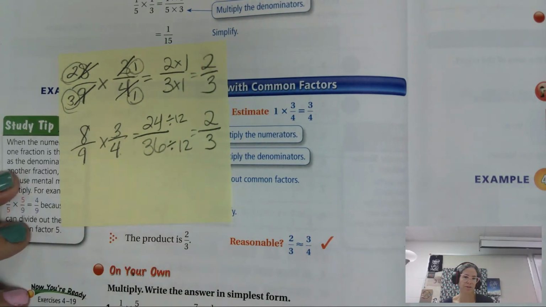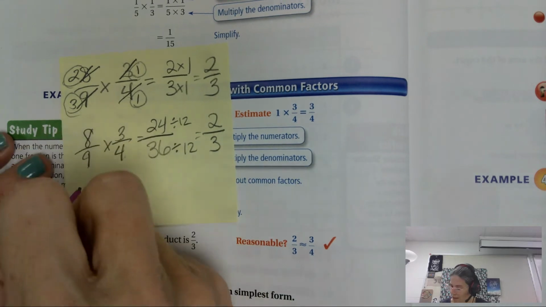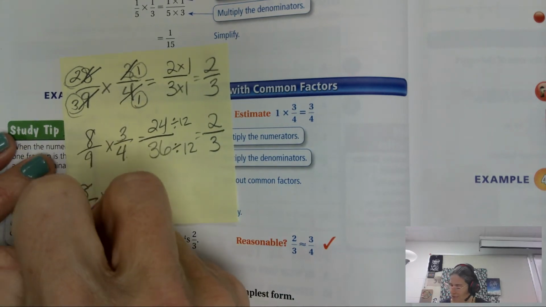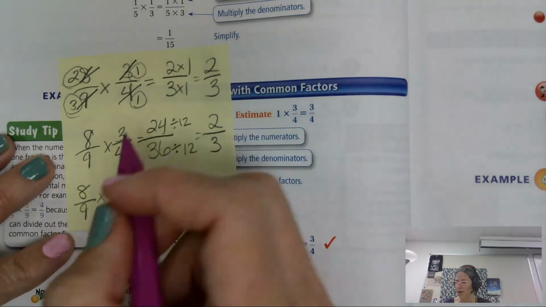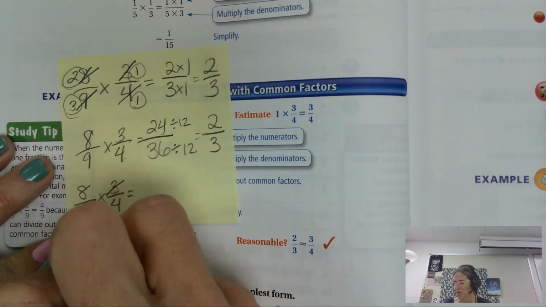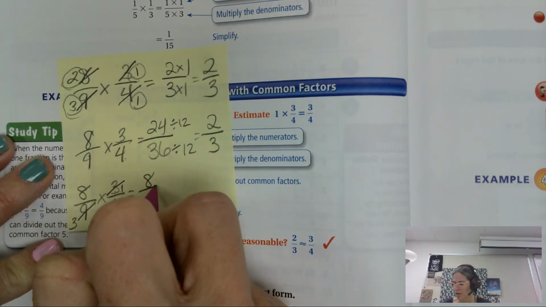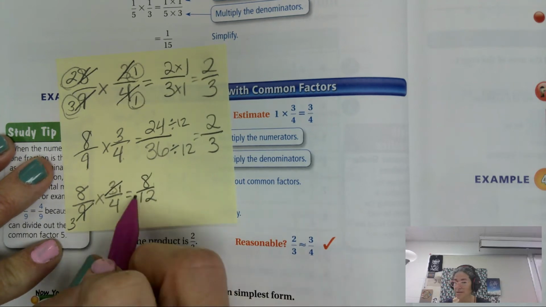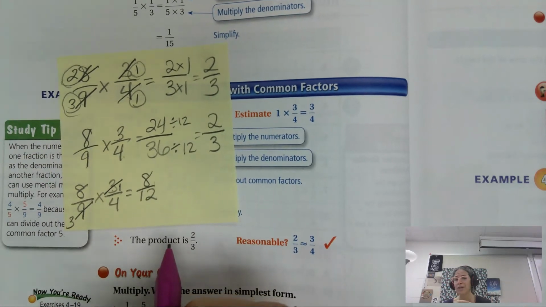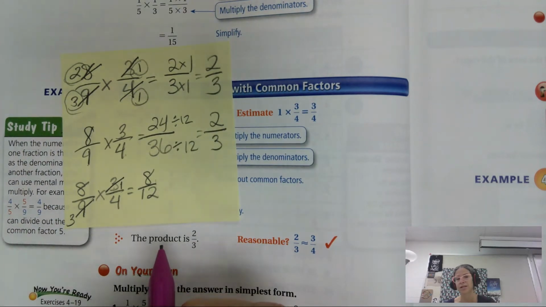Let me show you one more, because if you don't know your greatest common factor and you just want to simplify in steps, I know that I put notes out on this a while ago, but if I just saw that 3 and 9 have a common factor of 3, and then I multiplied and got 8/12, I can still simplify at this point, because the only right answer, when I say simplify the answer, make sure you turn in a simplified fraction.